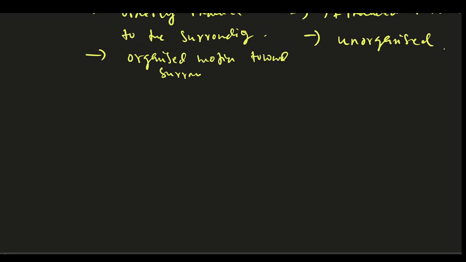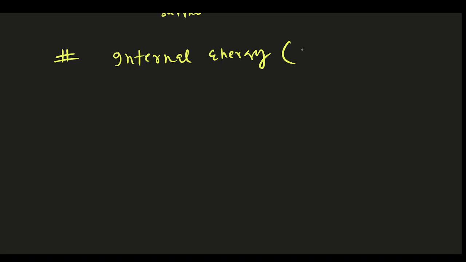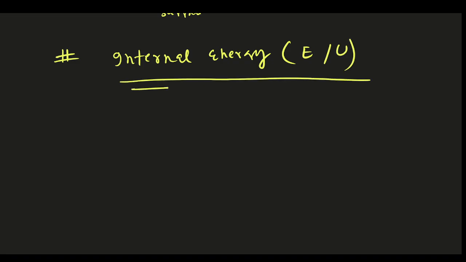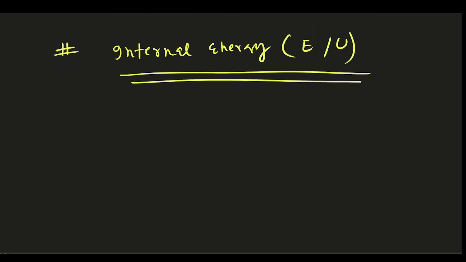So the next term is internal energy. Let's discuss internal energy. It is represented as either E or U. Suppose this is a matter.